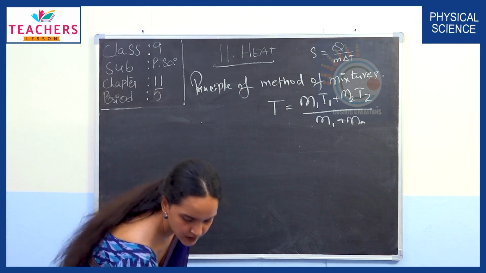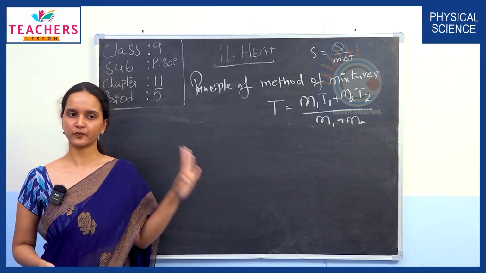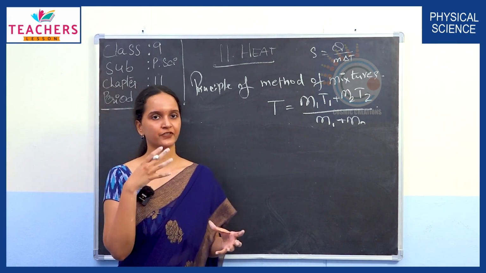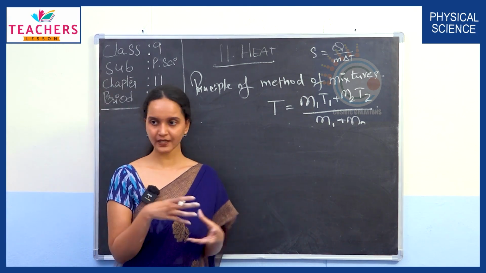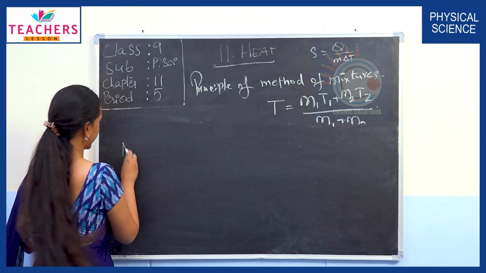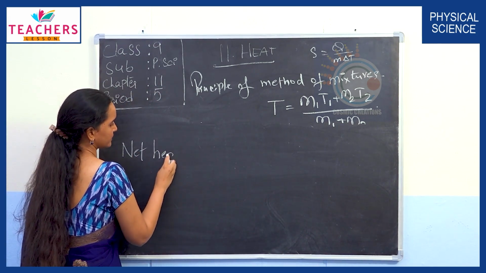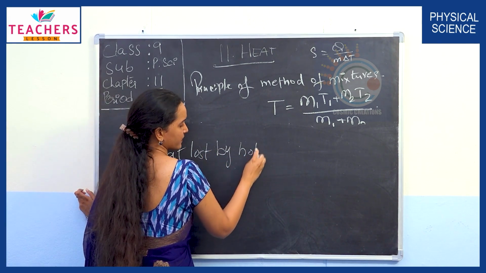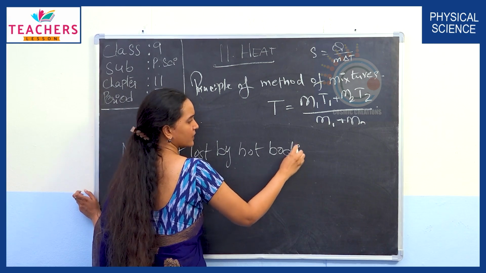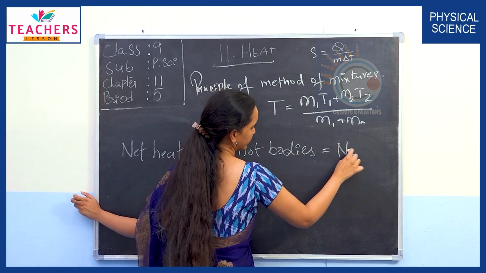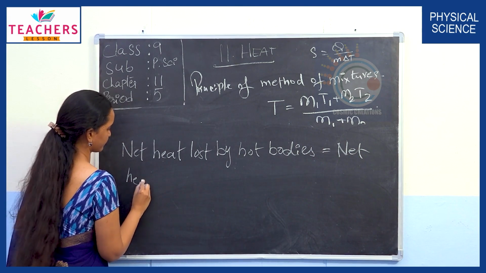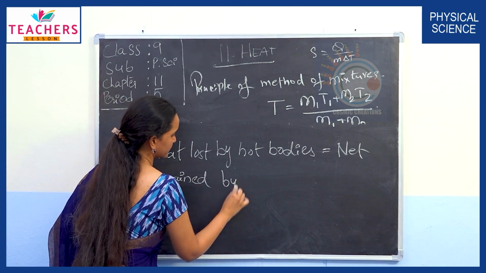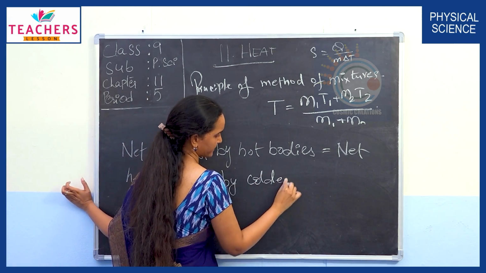That brings us to the principle of method of mixtures, which states that when two or more samples with different temperatures are mixed, then the net heat lost by the hot bodies would be equal to the net heat gained by the colder bodies.